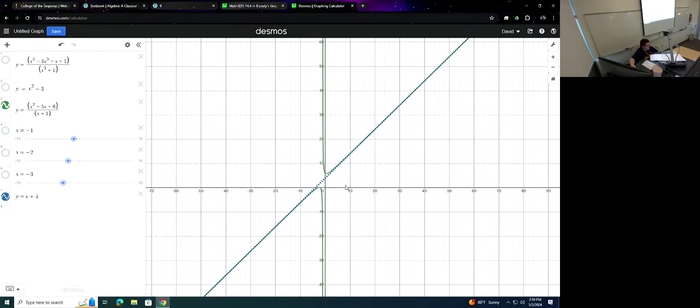Like the hyperbolas, it would do that. Rational equations do this too. And so the x plus 4 becomes another, this is called a slant or oblique asymptote.